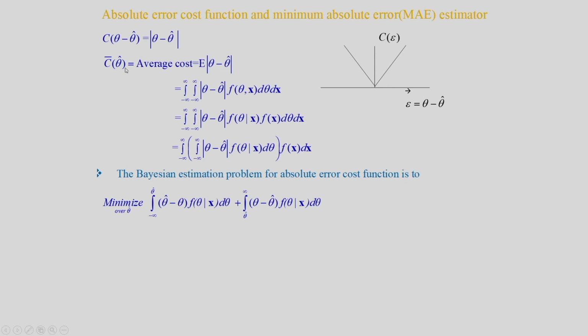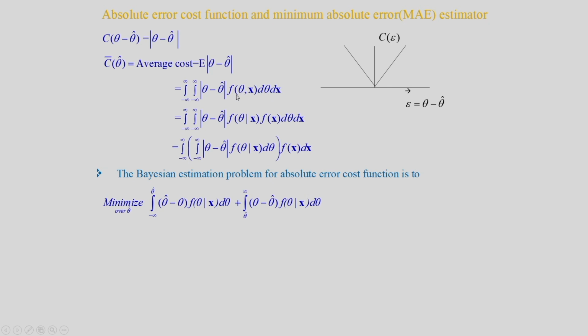So, the average cost C bar of theta hat, that is the Bayesian risk or average cost function, is equal to E of absolute value of theta minus theta hat. That is a double integration from minus infinity to infinity of mod of theta minus theta hat into f of theta comma x d theta dx.